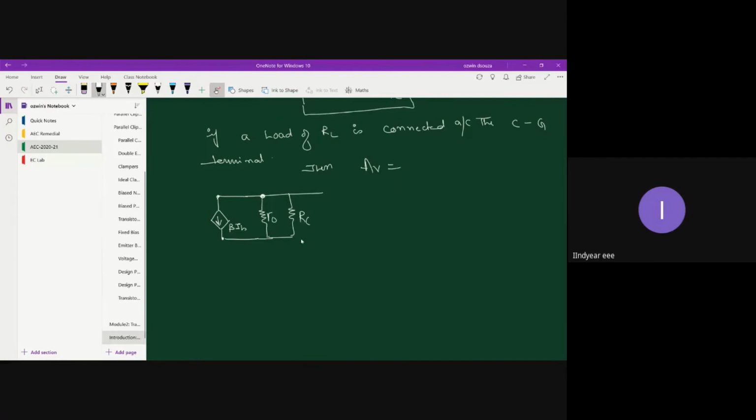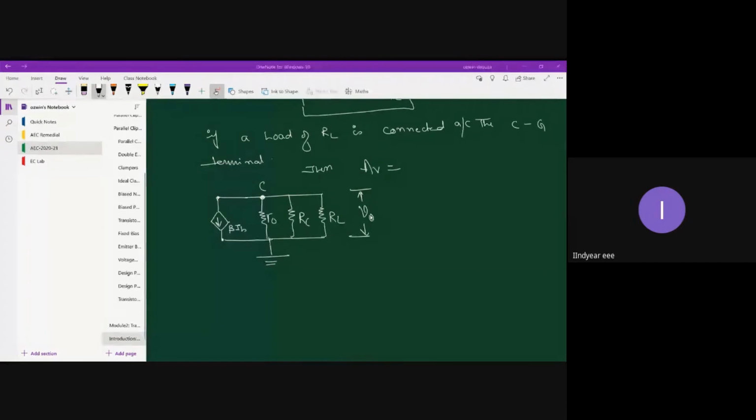Let's say a load resistor RL is connected across collector and ground. Then what will be the expression for voltage gain? Can anyone tell me?